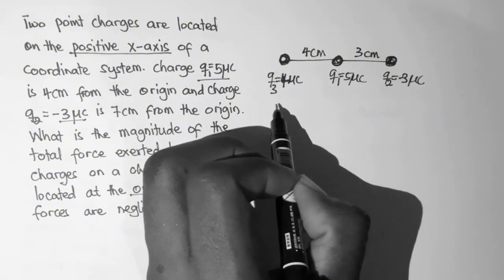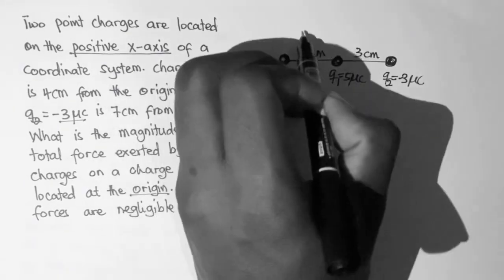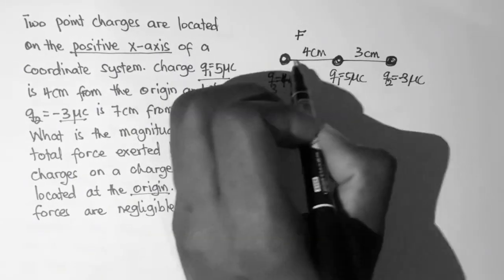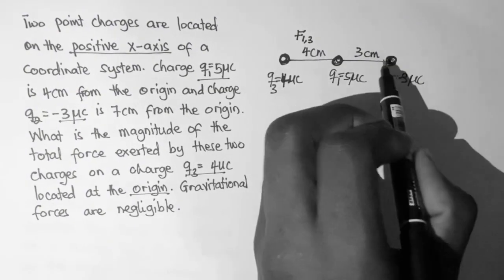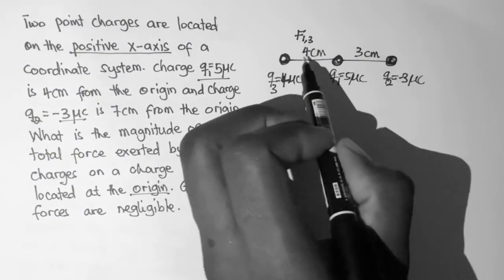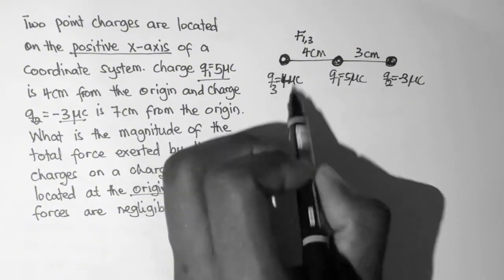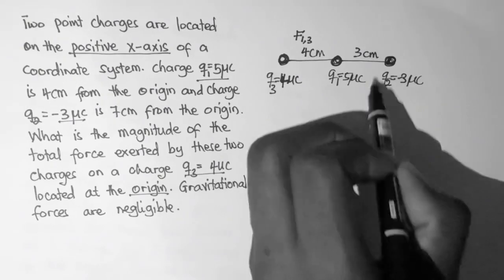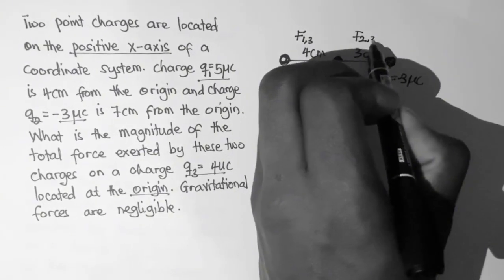So based on Coulomb's law, we know that because of these two charges, there's going to be a force of attraction between these two, and that will be F13. And then there's also going to be a force of attraction between the third charge and the second charge, so we also have F23.